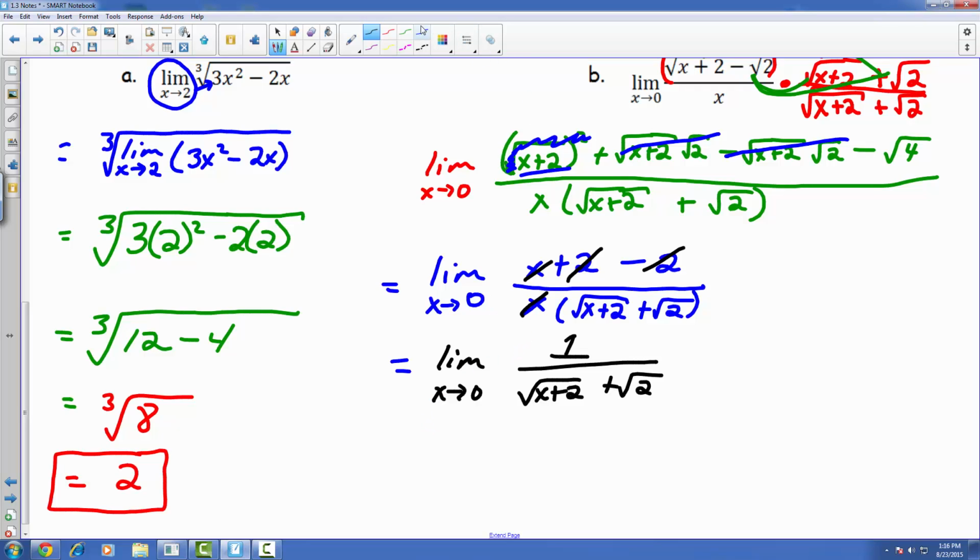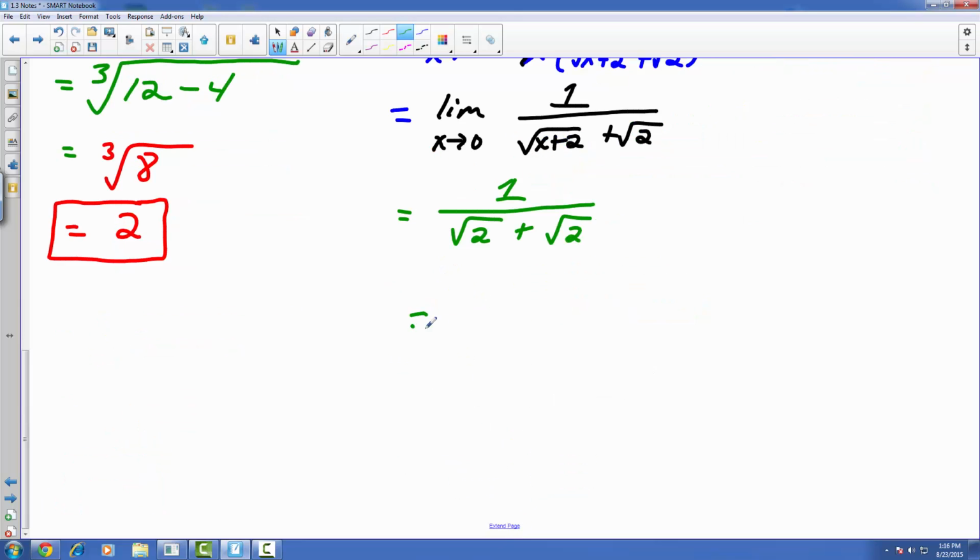Once we do that, we actually end up with 1 on top over the square root of 0 plus 2 is just 2 plus that other square root of 2. So then we end up with 1 over 2 square root of 2.